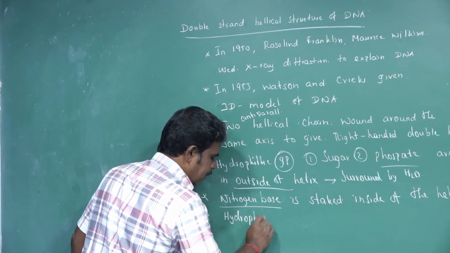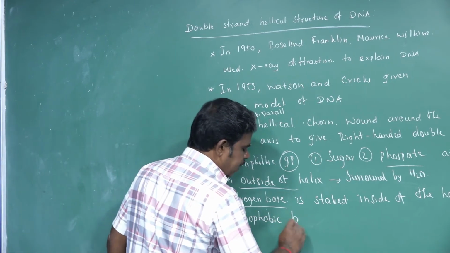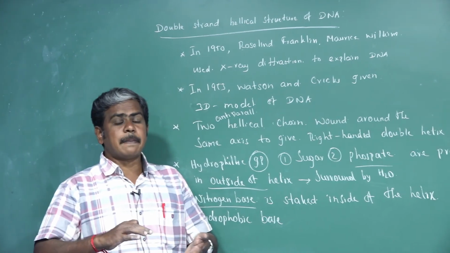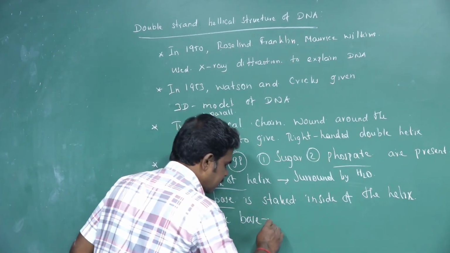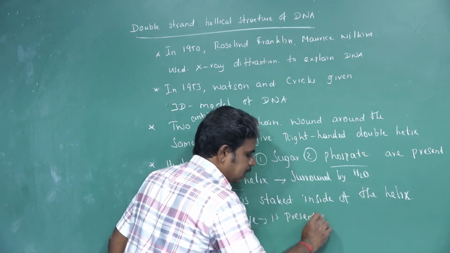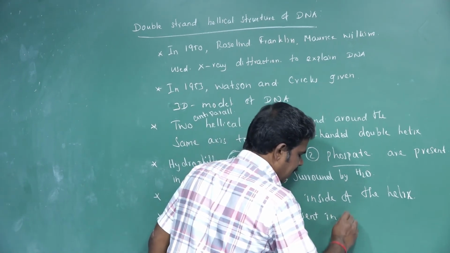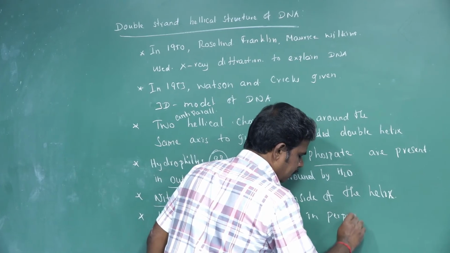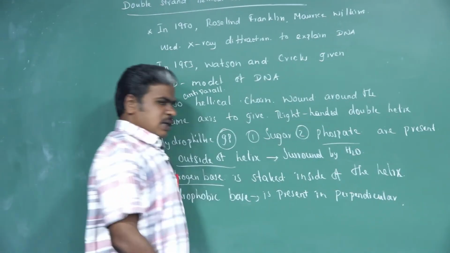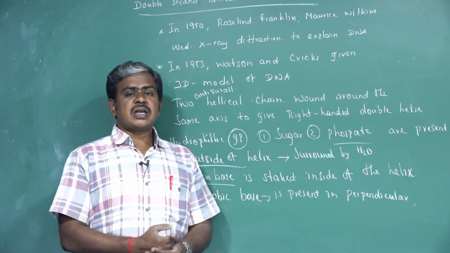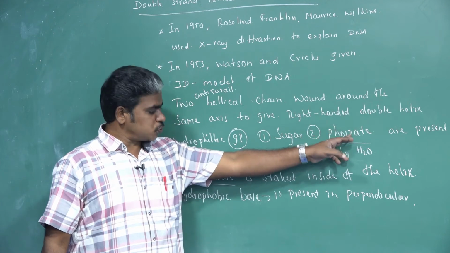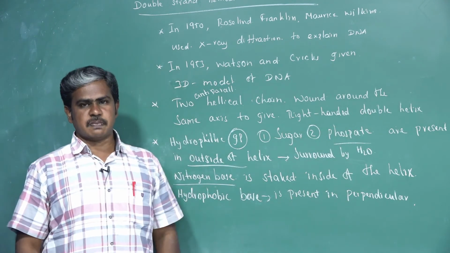So the hydrophobic nitrogen base is present in the perpendicular direction. It will be present in a perpendicular direction so that it reduces the repulsion between the phosphate and the nitrogenous base.